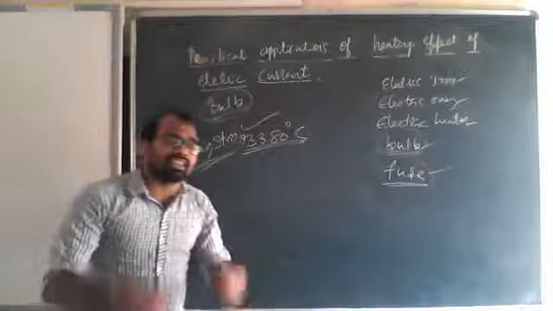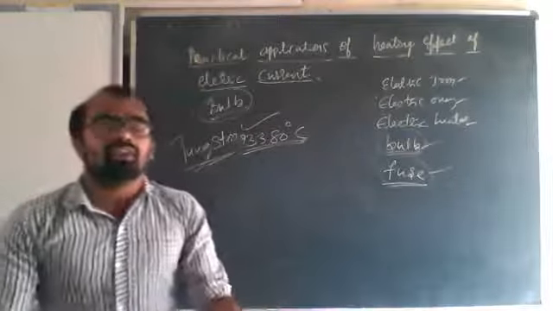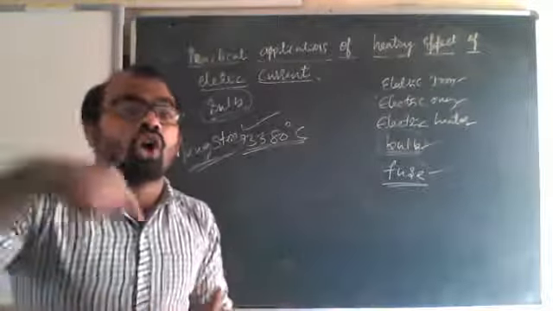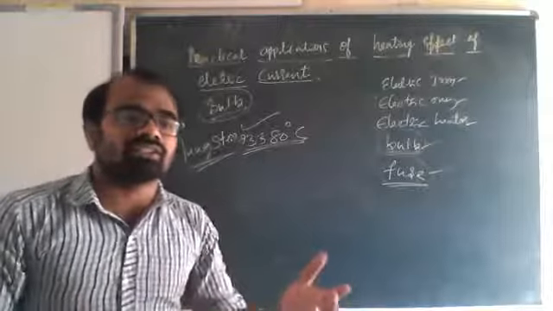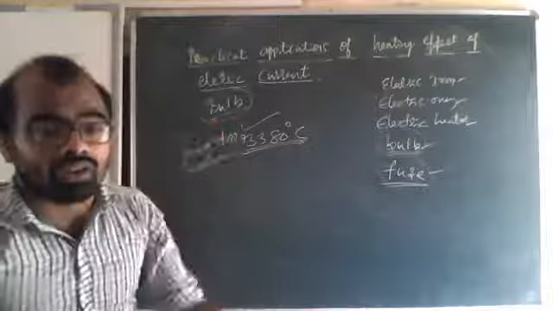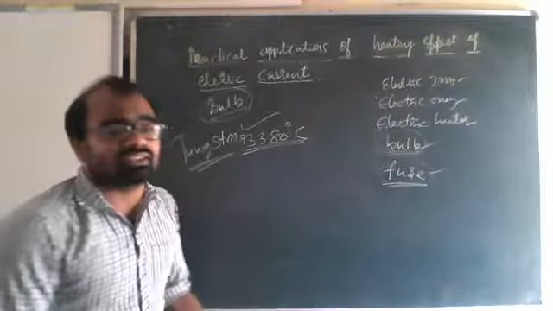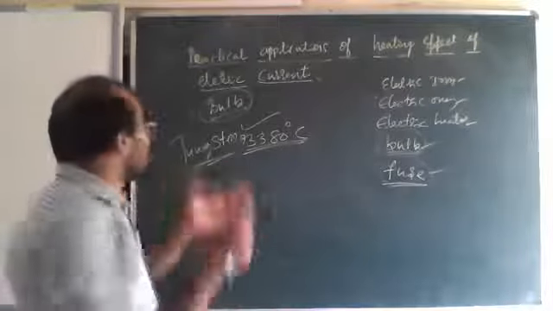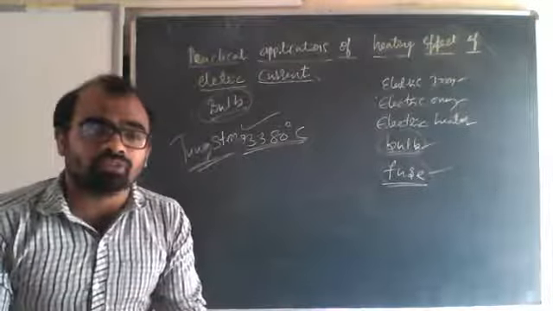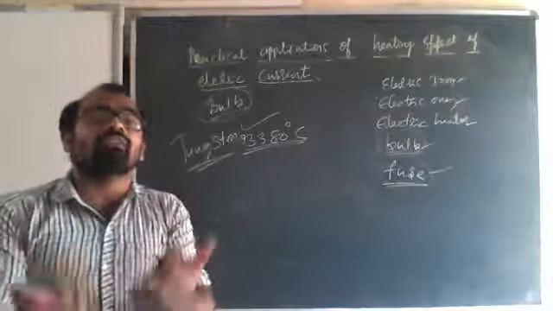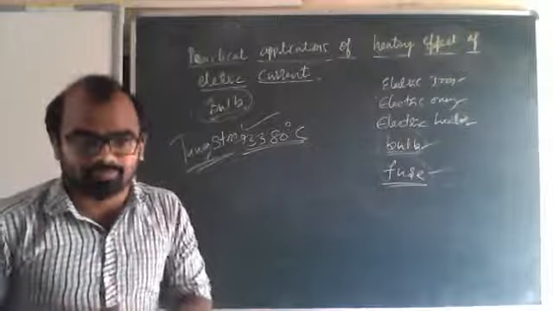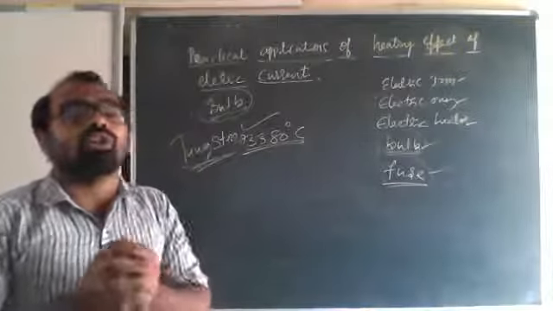As the heat increases, what happens? Tungsten also has high resistance. High resistance means a lot of heat is produced. As the resistance increases, heat energy increases. If a lot of heat is produced, what happens? A lot of light will come, and the light will glow for a long time.